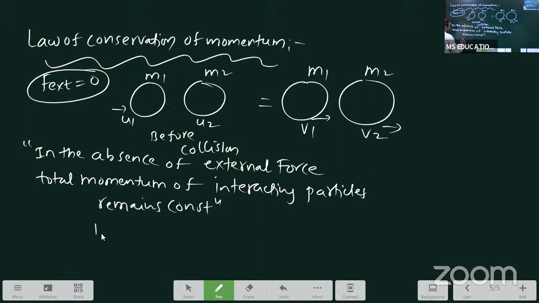Meaning m1 u1 plus m2 u2 equals m1 v1 plus m2 v2.